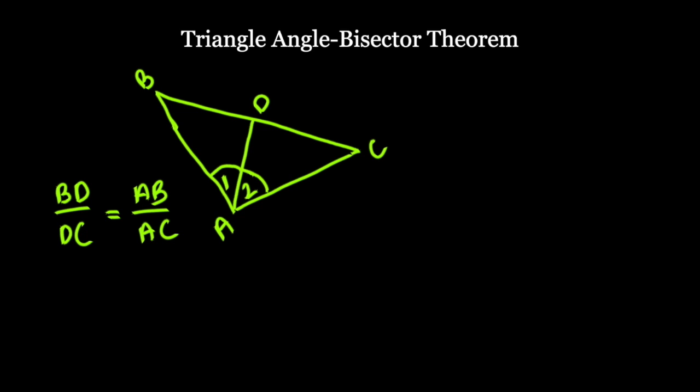To simplify this a little bit further for you, the two sides here and here are going to be equivalent to the sides over here and over here. Let's go ahead and try a few problems using this theorem.